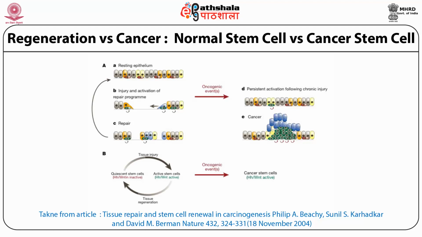As an example, with the activation of this pathway, there is an accumulation of reactive oxygen species, which in turn can damage the normal stem cell, and the damaged stem cell can then result in a cancerous stem cell, which can then initiate the process of cancer. So students, now you realize how both regeneration as well as cancer have some pathways which are common. However, these pathways work differently in the context of regeneration versus cancer.